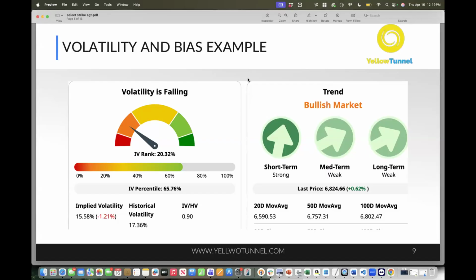That increases that inventory and reduces the probability that we run to 7,200 in the short term. A lot of this is really key for just trying to combine all of this information, analyze it, and find those strike points that you like as a trader as well.